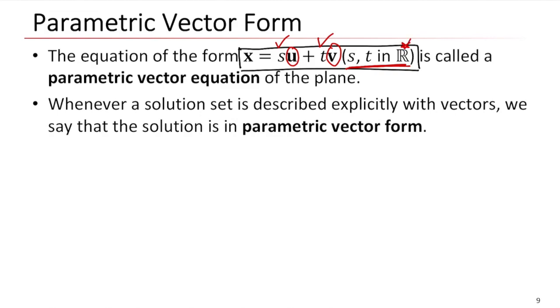In this form, we call this equation a parametric vector equation. So the solution x equal to su plus tv is called the parametric vector equation, right? Whenever a solution set is described explicitly with a vector, we say that the solution is in parametric vector form.